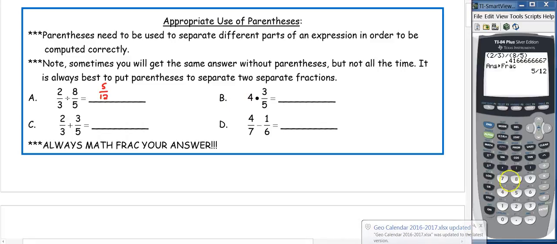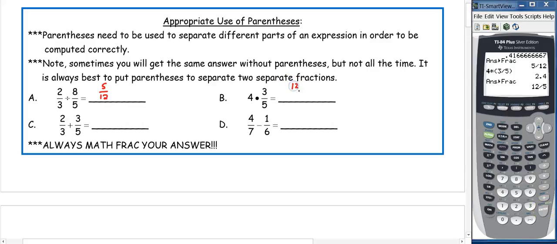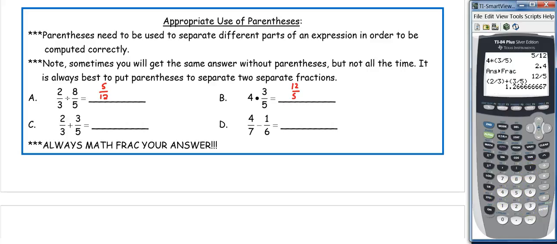In part B, 4 doesn't need a decimal or parentheses because it's a whole number, times parenthesis 3 divided by 5, close parenthesis, math, enter, enter after we get our decimal. So we get 12/5. C, 2/3, parentheses around that, plus parenthesis 3 divided by 5, math, enter, enter.